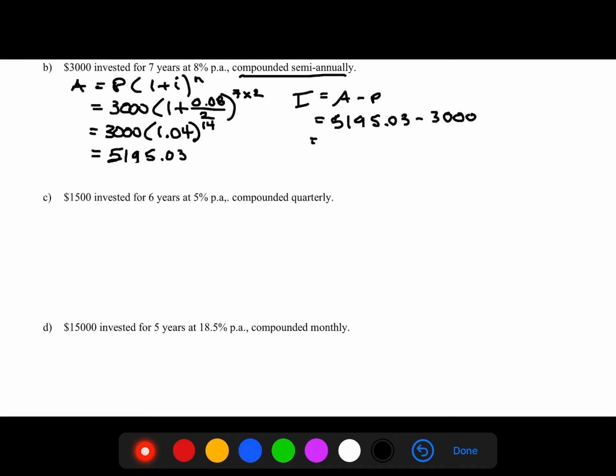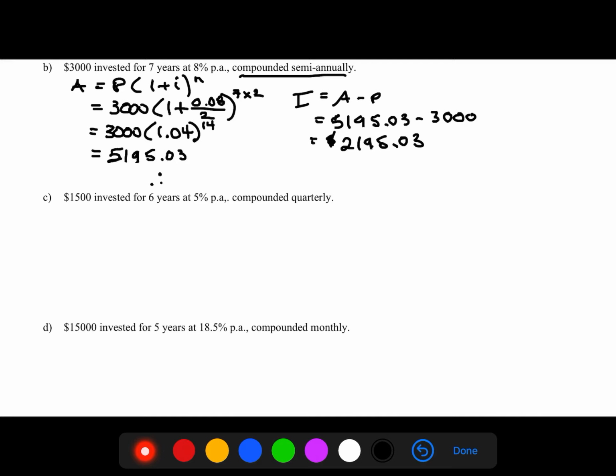$5,195.03, and our interest, difference between what we take out and what we put in, means that we earned $2,195.03 in interest.